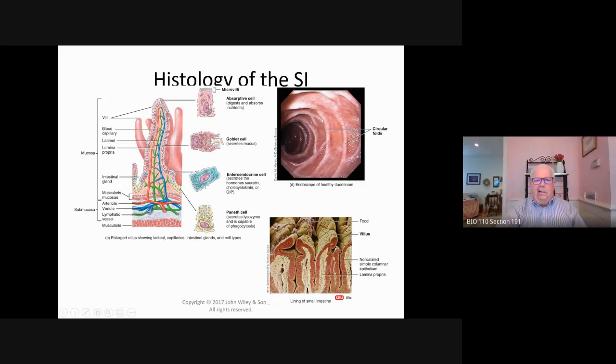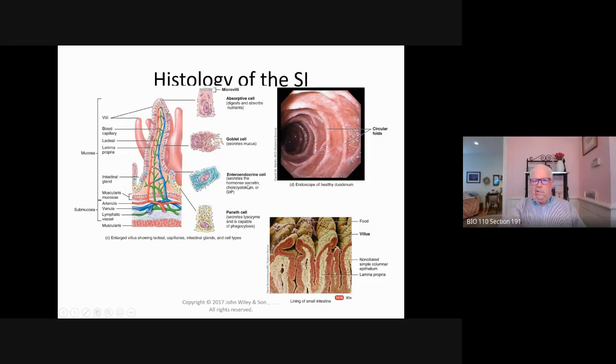Here's a lacteal. Here's the microvilli of it. And this is where you have the absorptive cells, the goblet cells, mucus, and the Paneth cells, which produce lysozyme, which is capable of killing things, kills bacteria. And here you have the EE cell, which secretes two hormones.